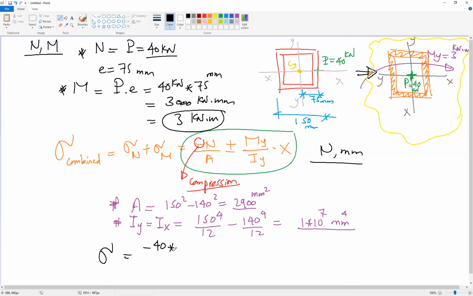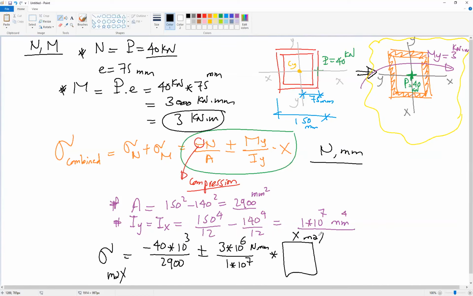So negative 40 multiplied by 10 to the power 3 divided by 2,900 plus or minus the moment, 3 multiplied by 10 to the power 6 to convert it to Newton millimeter, divided by I, 1 multiplied by 10 to the power 7, multiplied by X. What is X? He asked for sigma max. So M max should be corresponding to X max.